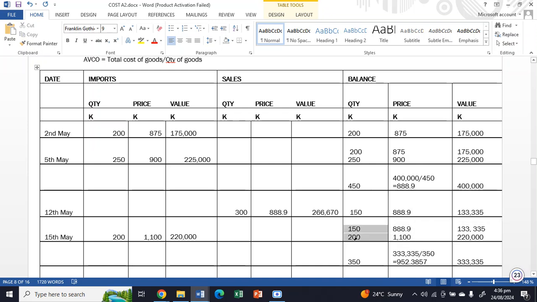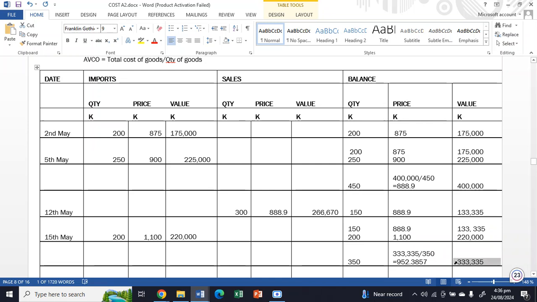We brought 200 goods valued at 1,100. So in total, we have 350 goods. The total cost of the goods, 133,335 plus 220,000, you get 353,335.